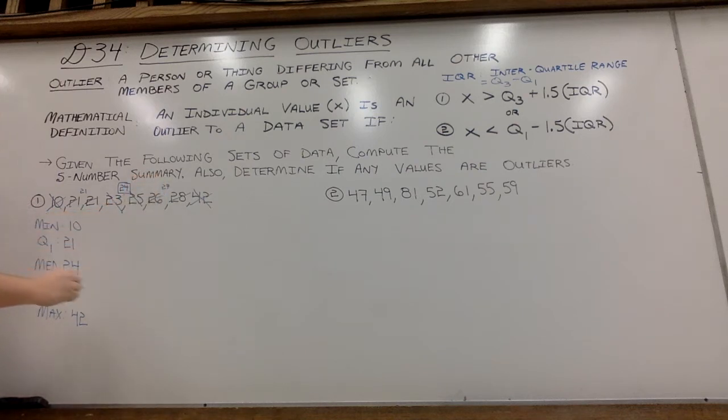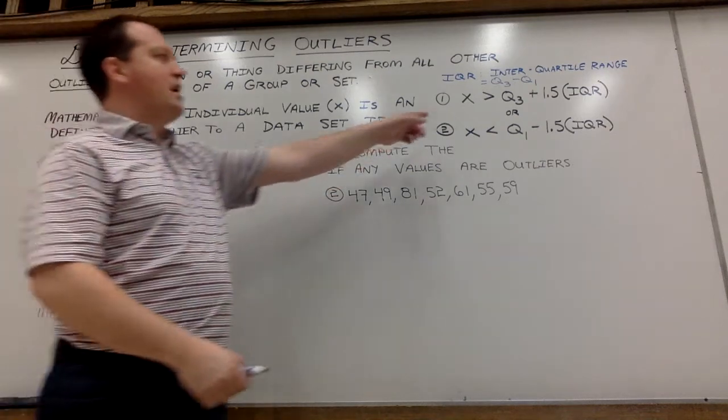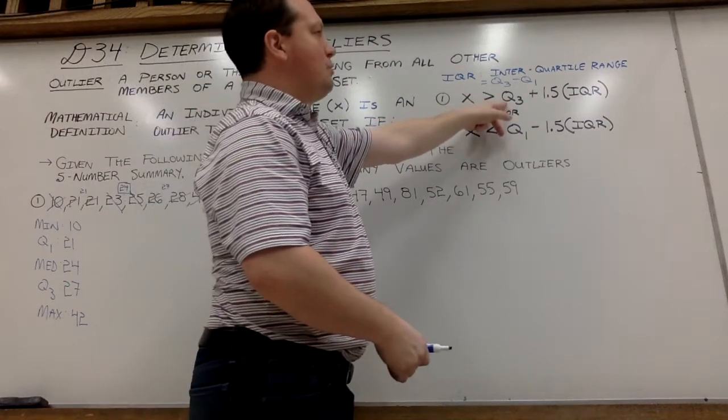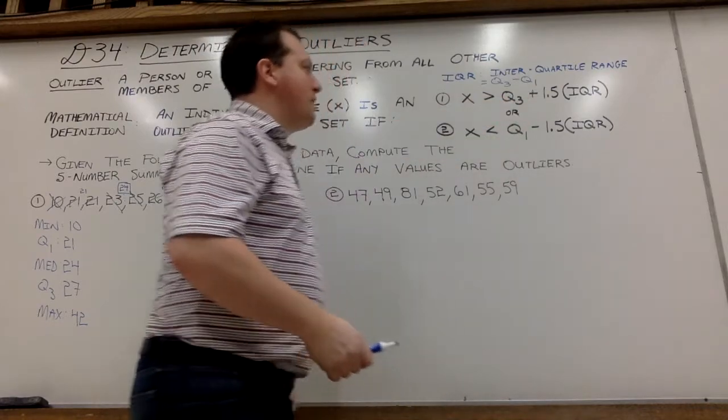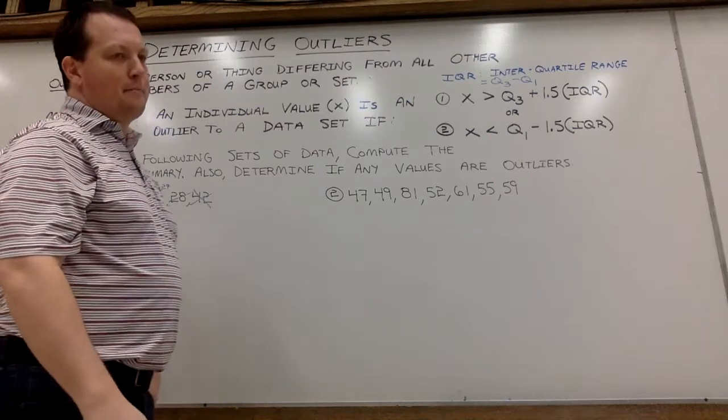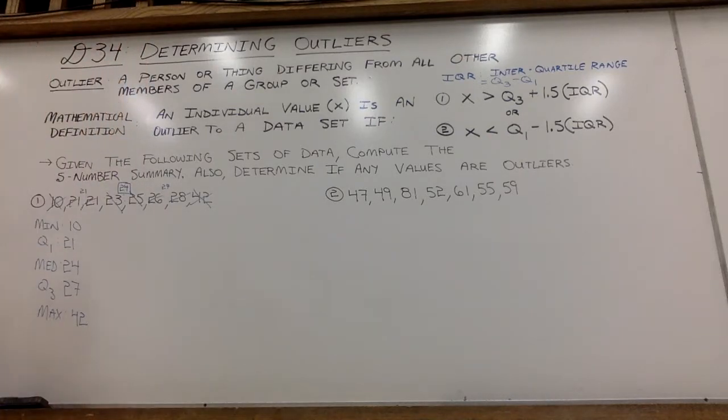In between those is 27. Okay, so here's my 5-number summary. The next part here is to determine if I have any values that are greater than, above, Q3 plus 1.5 times IQR, or below Q1 minus 1.5 times IQR.